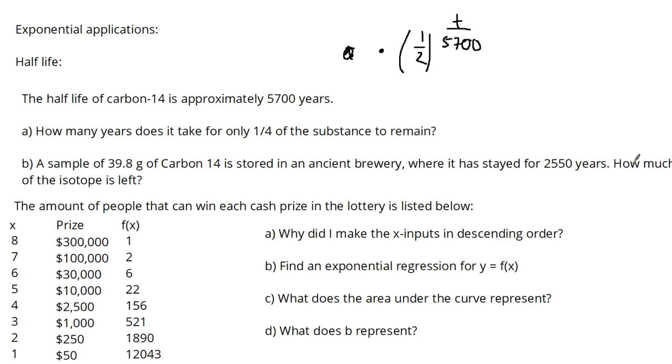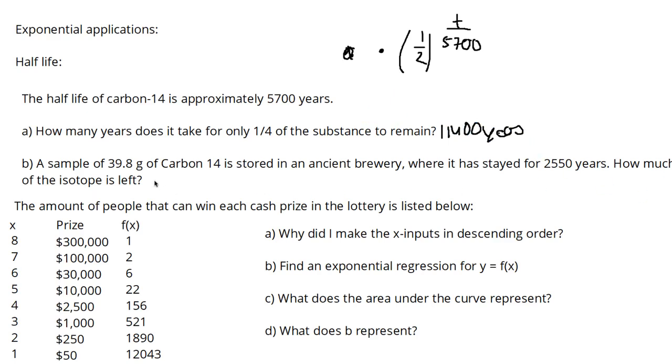We have 5,700 is 1 iteration, and to make it 2, you can just multiply by 2. So 5,700 times 2 is 11,400 years. And that is our answer.